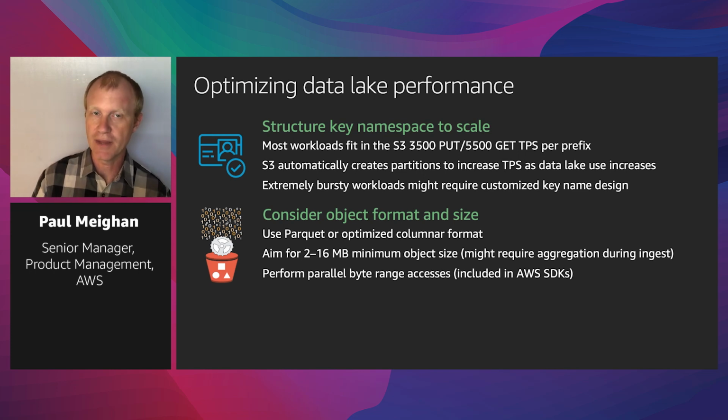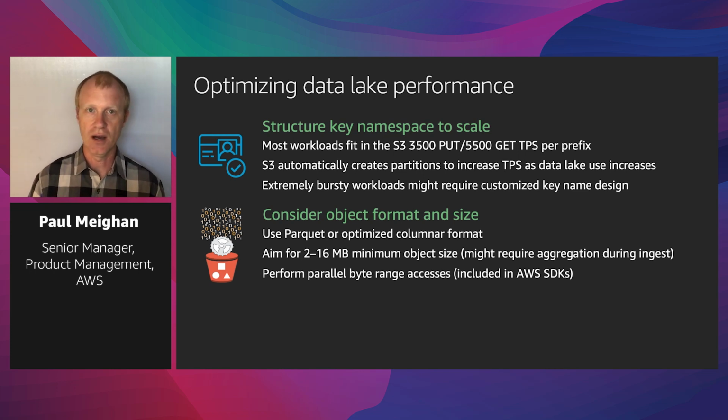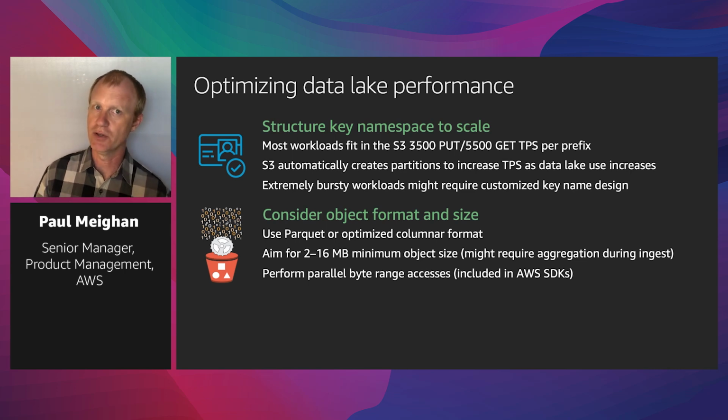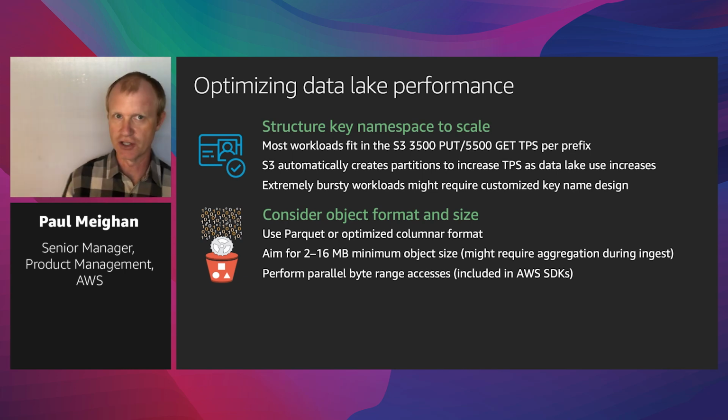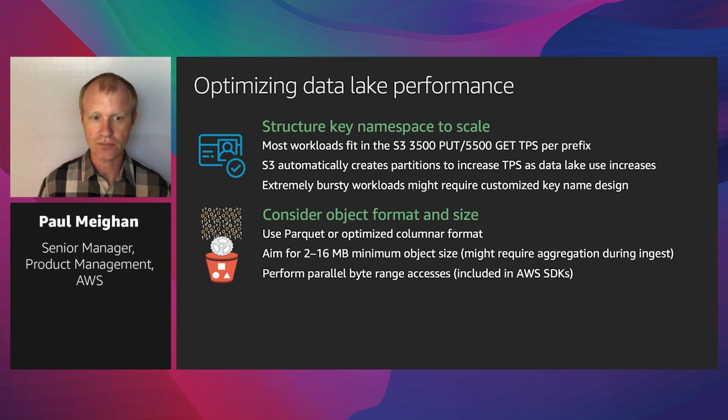Keep that in mind as you're thinking about your ETL processes, as you're bringing data into your data lake. If you can avoid it, it's not always possible, you want to try and avoid ending up with millions and billions of teeny tiny objects. That's just going to generate a bunch of overhead for you.